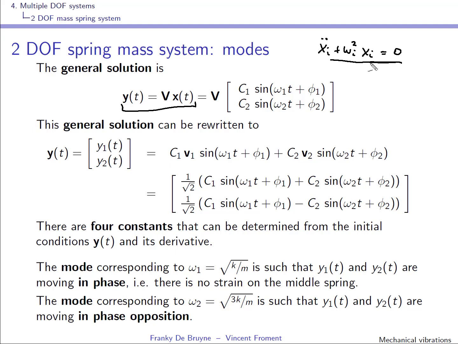I'd say it's the equation of a harmonic oscillator, and you know that the solution of this differential equation is xi equal to some constant that I call Ci, sine omega i t plus phi i, right? And there are two constants over here that will be determined by the initial conditions, right? And this you have for i equals 1 and i equals 2, okay?